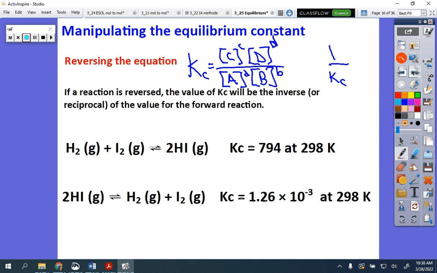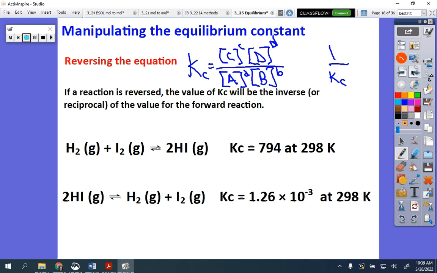All right, so yesterday we started talking about how to manipulate the equilibrium constant if we change certain things. For example, we talked about how if we reverse the equation, then we get the inverse or reciprocal of Kc of the forward reaction.